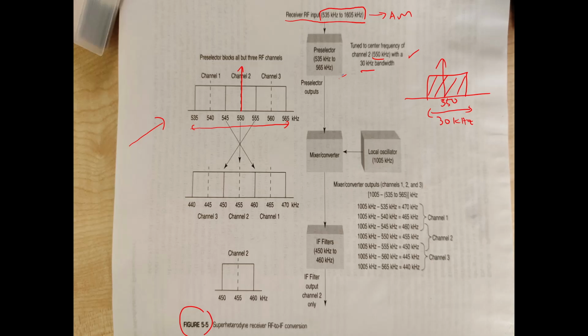According to this example, each channel has a bandwidth of 10 kilohertz. So if one channel is 10 kilohertz, that means this preselector will select 3 channels. Previously from the antenna, maybe we have, for example, 50 channels.